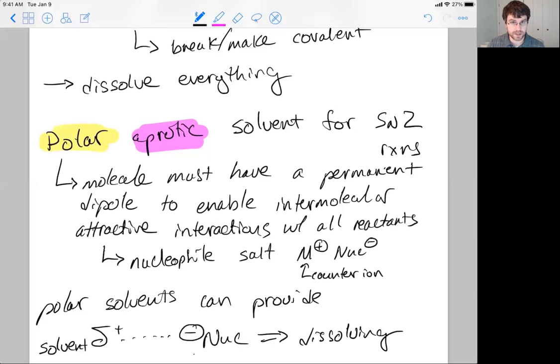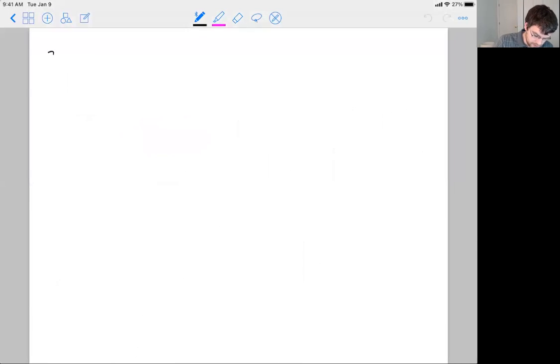Similarly, it's the delta pluses on the solvent that are required for interacting with the anion of the nucleophile, and the delta minuses on the solvent that are required to interact with the cationic counterion. So that metal counterion also needs to interact with the solvent. It does so with the delta minuses on the solvent. So I'll write that down too.